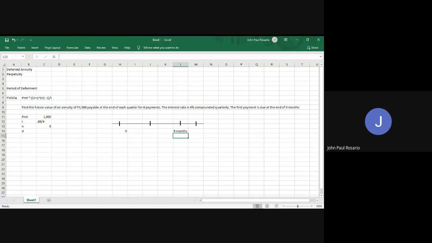Now, how do you solve for your period of deferment? 9 months, this is 6 months, this is 3 months. Kay quarterly man, di ba? So every 3 months na.